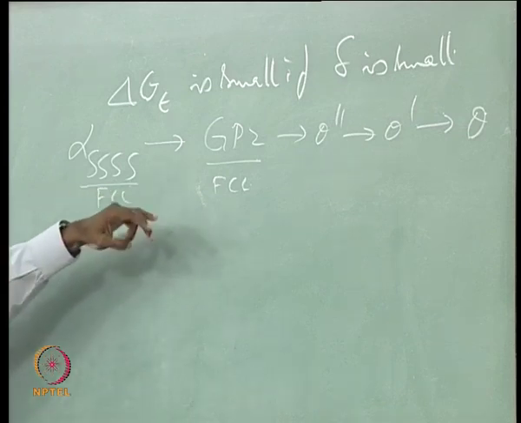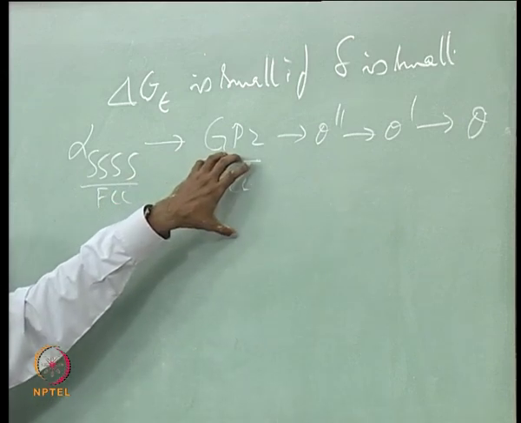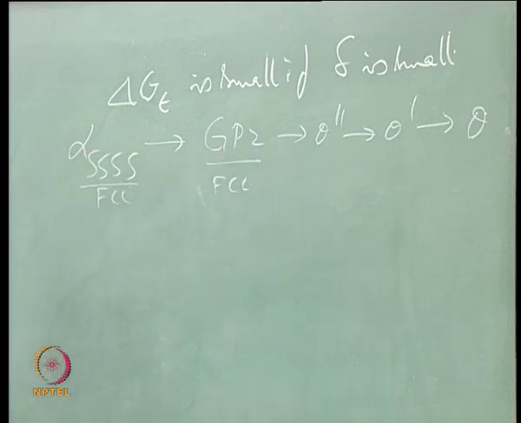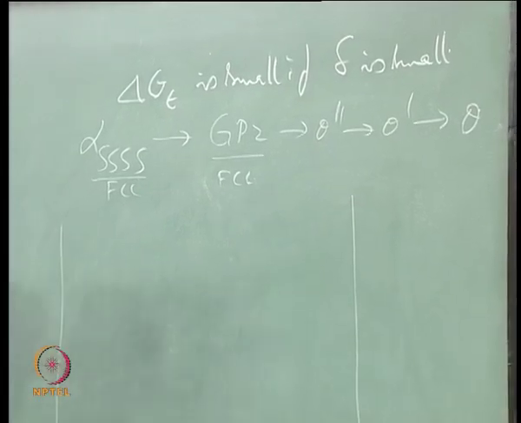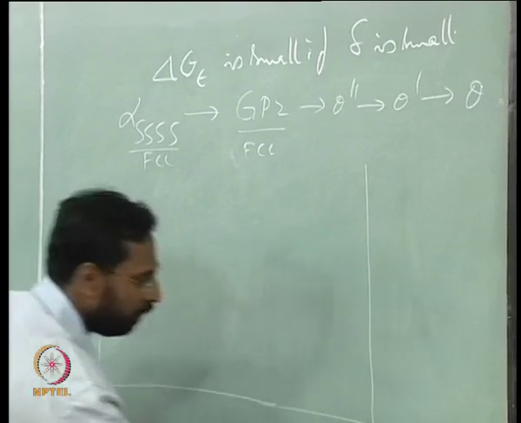So the point is, if this is a copper rich cluster and this is an aluminum rich cluster, let us look at how the free energy diagram is going to be. Let us draw the free energy diagram. On one side you have aluminum, on the other side you have copper.